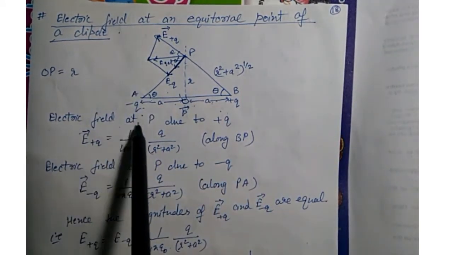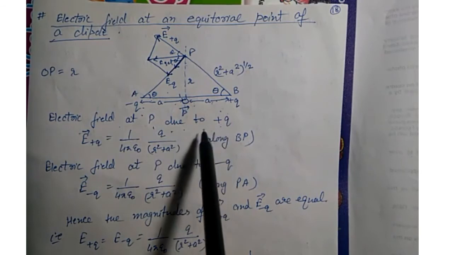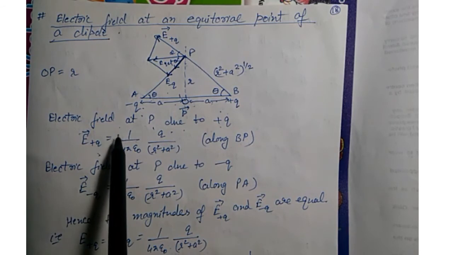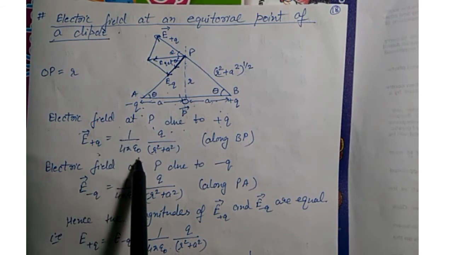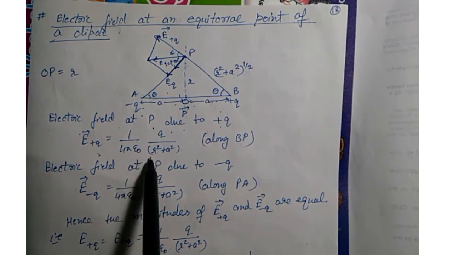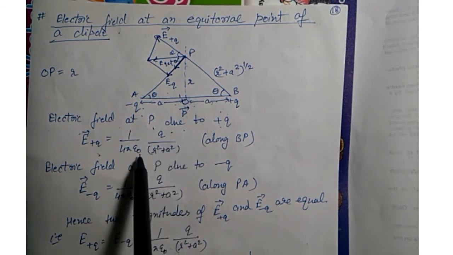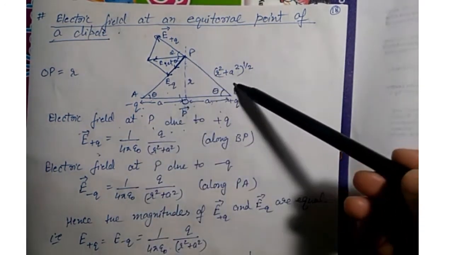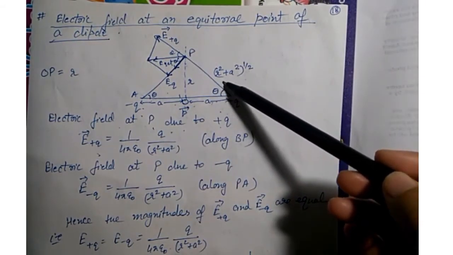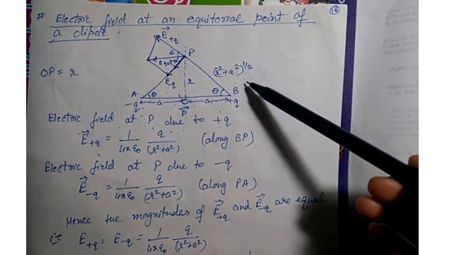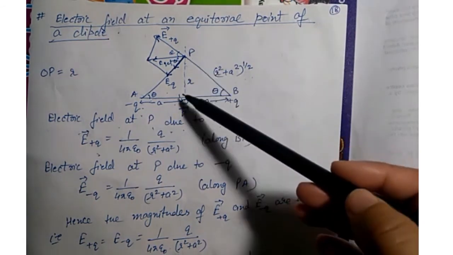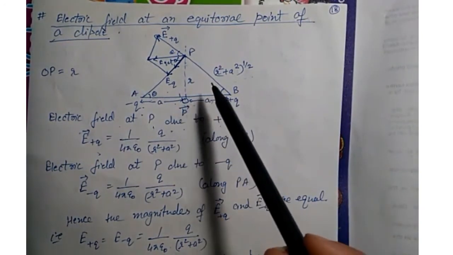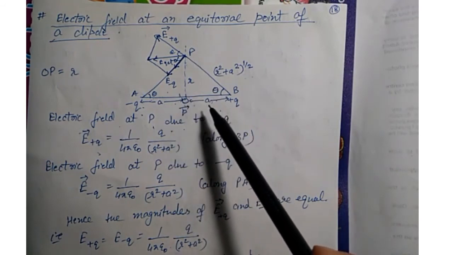Now, the electric field at P due to charge plus Q is given by E plus Q vector equal to 1 upon 4 pi epsilon naught Q upon (R square plus A square), that is the separation between the two. Now, here PB is equal to the square root of R square plus A square, by applying the Pythagoras theorem for this right angle triangle POB. So this is the hypotenuse, perpendicular and the base.